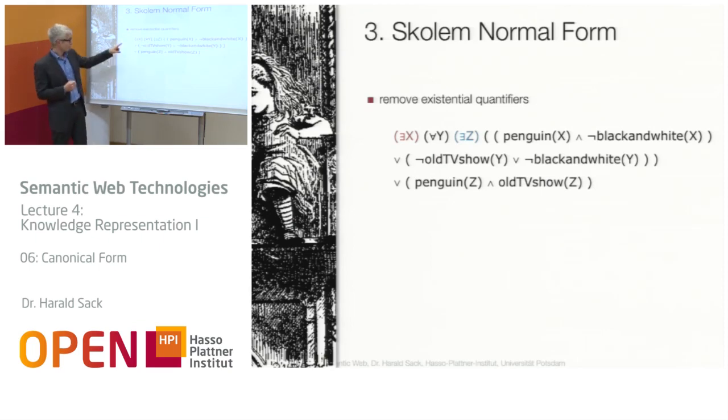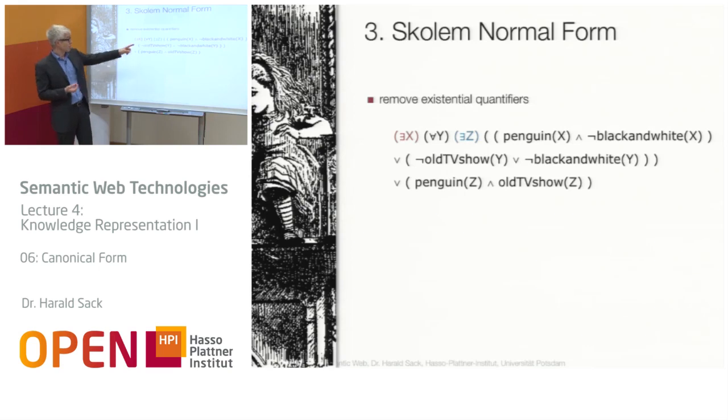So if we have an existential quantifier that is independent of any other quantifier because it precedes all other universal quantifiers, then we can simply transform this variable here and the quantifier by a constant.